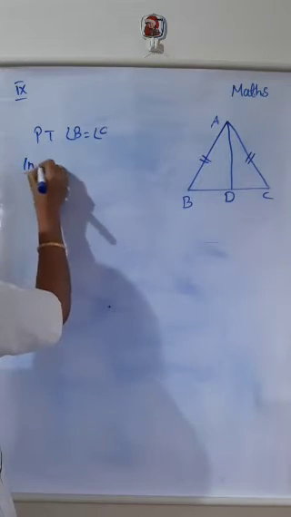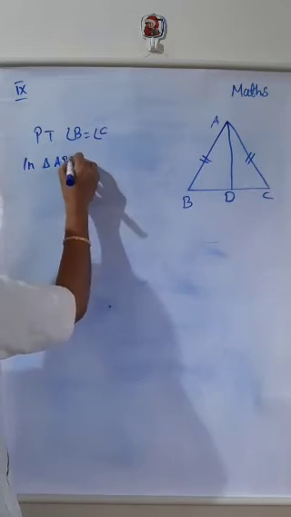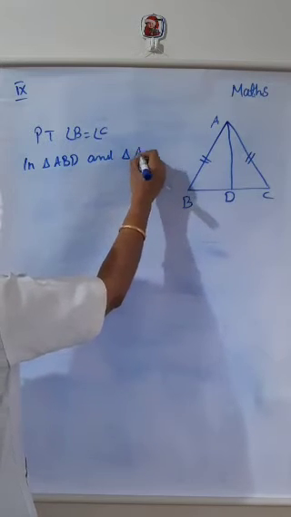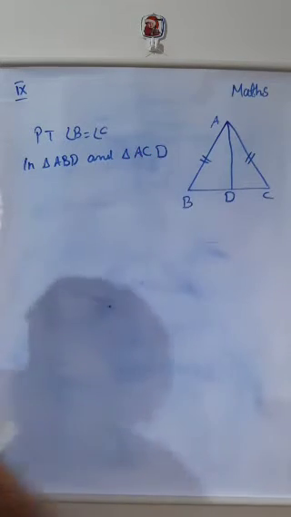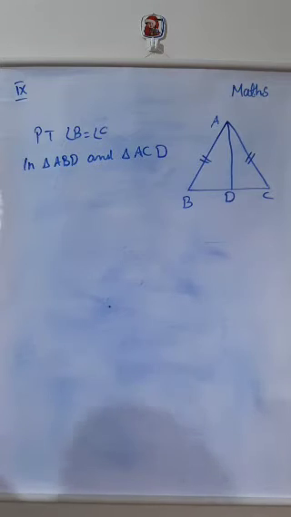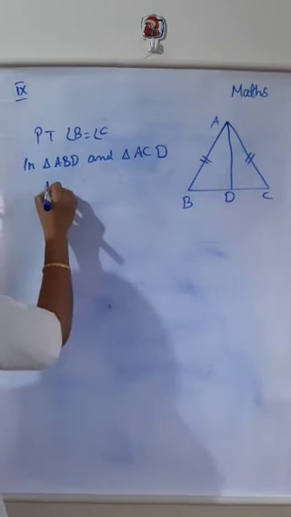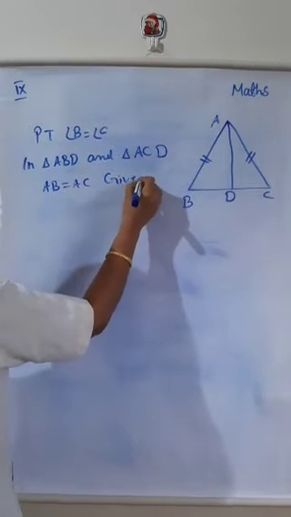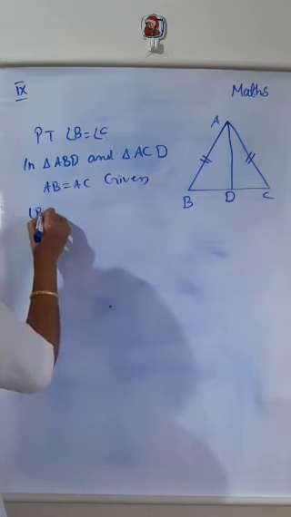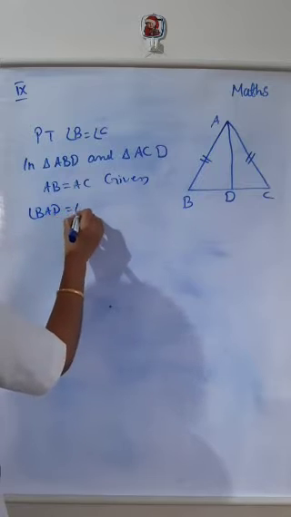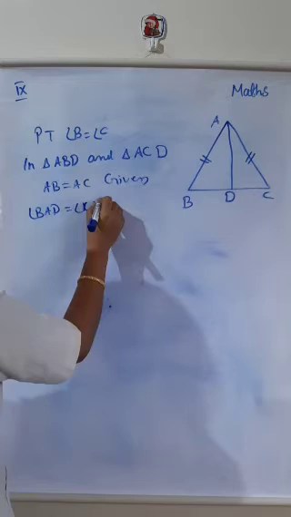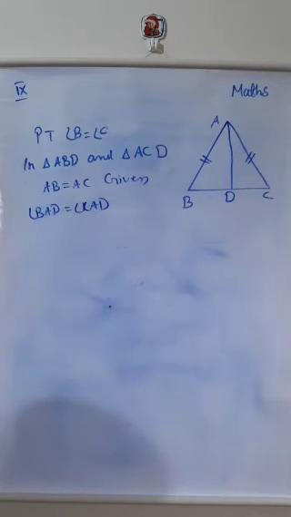Consider triangle ABD and triangle ACD. In triangles ABD and ACD, AB is equal to AC, given. Then angle BAD is equal to angle CAD.